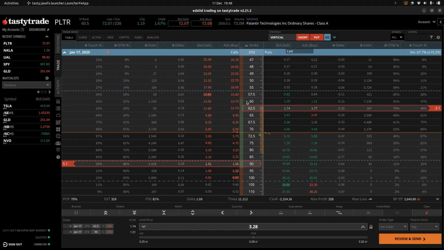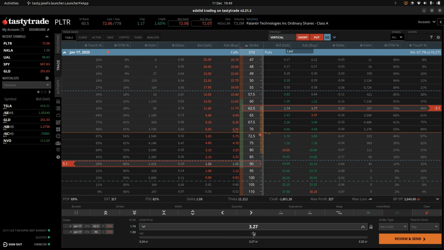Now, as you can see, the green bars extend past our short strikes, our contracts. The reason for this is because we collect premium upfront, which is $3.27, and that gets added onto our break-even price.